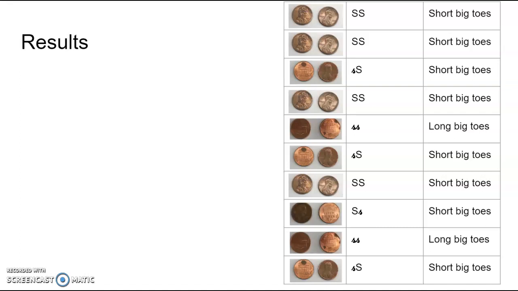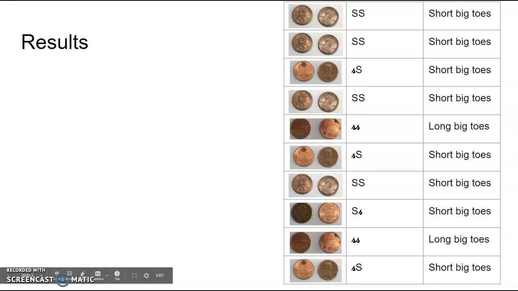So in the 10 times that I flipped this, if you go through, you can count up and you can see that I have the genotype big S big S 1, 2, 3, 4 times. I have big S with little s 1, 2, 3, 4 times, and I have little s little s 1, 2 times.